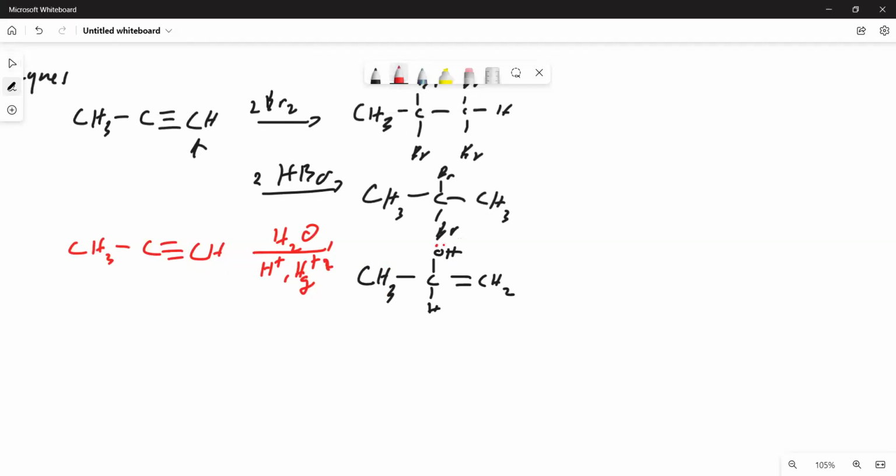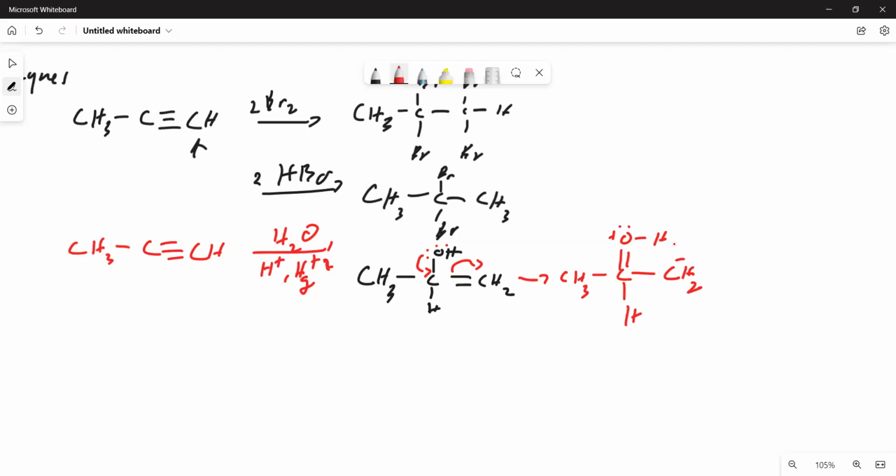And you know what happens if a lone pair is adjacent to a double bond? If a lone pair is adjacent to a double bond, this will delocalize. There, okay? So generating CH3, this one becomes a single bond. Your terminal carbon will become negative because the pi electron moves. You will have a double bond here, and your oxygen will become positive because one of the lone pairs delocalizes.